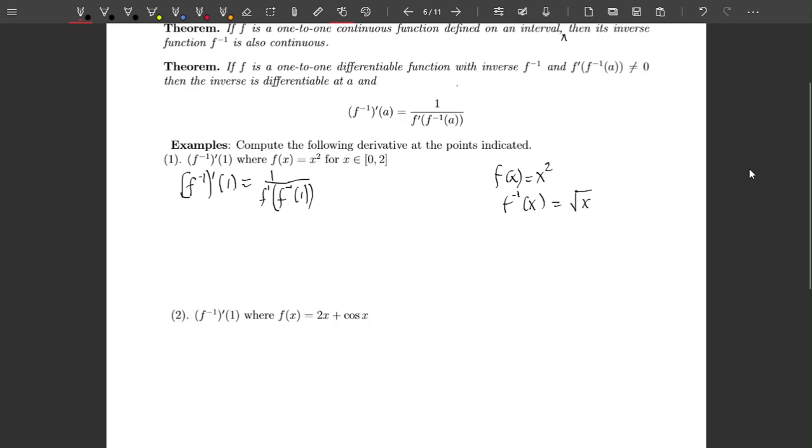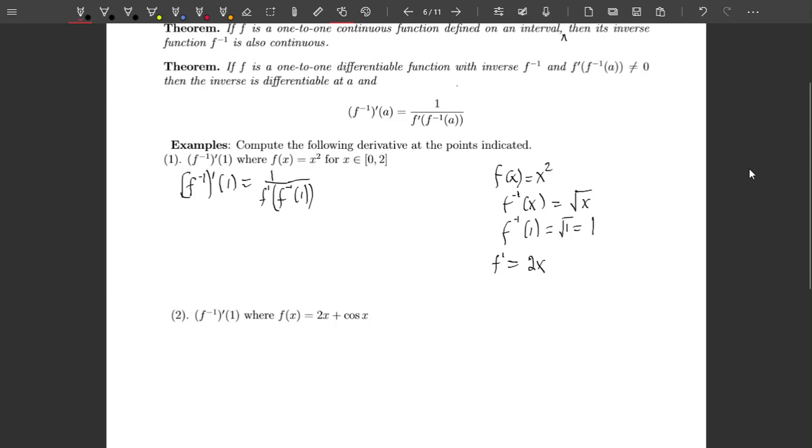You can verify this. Now my f inverse of 1 would just be the square root of 1, which is equal to 1. Now what is my f prime? F prime will be 2x.